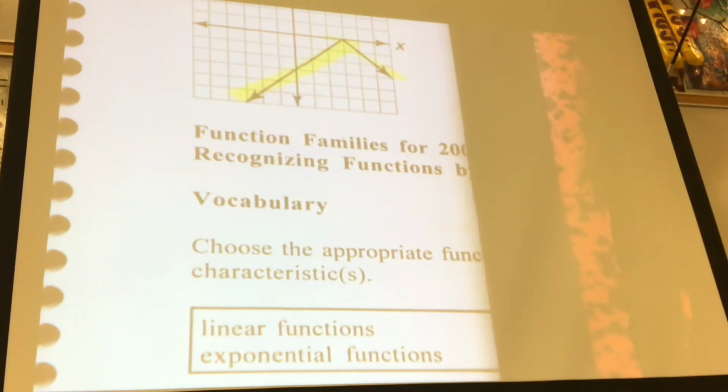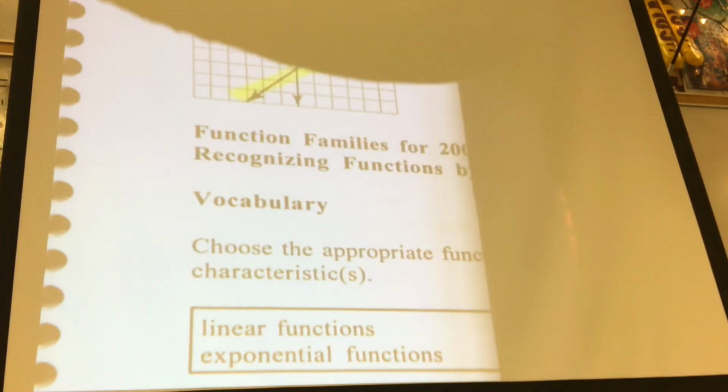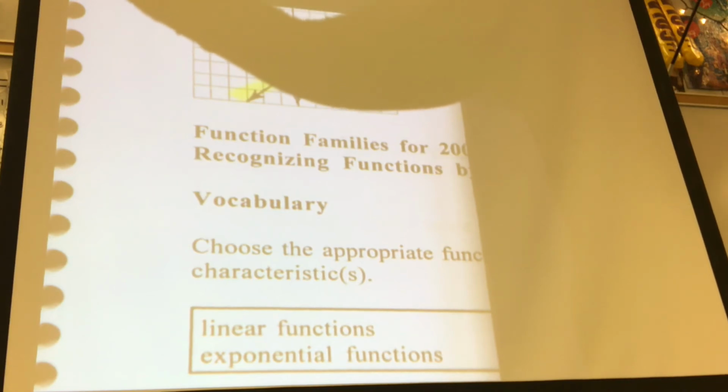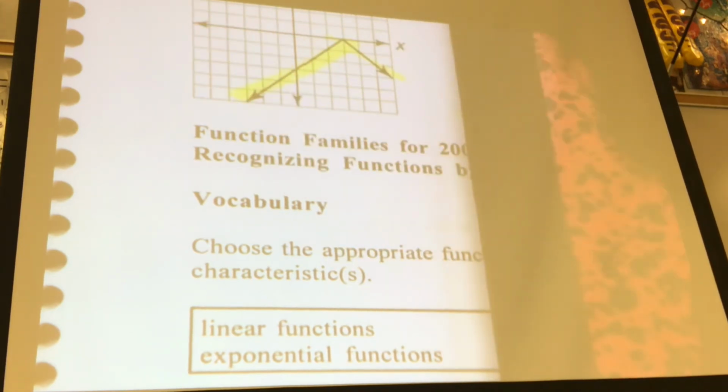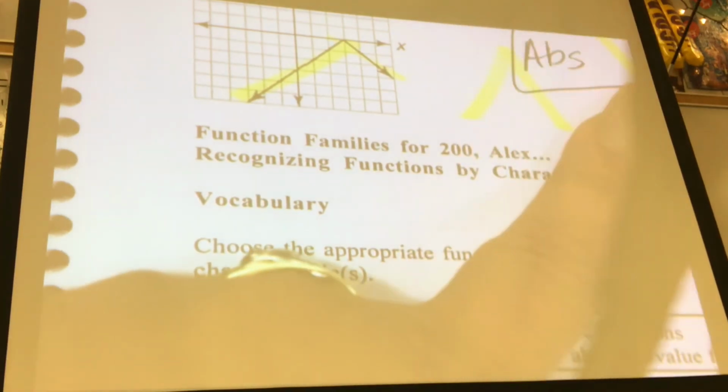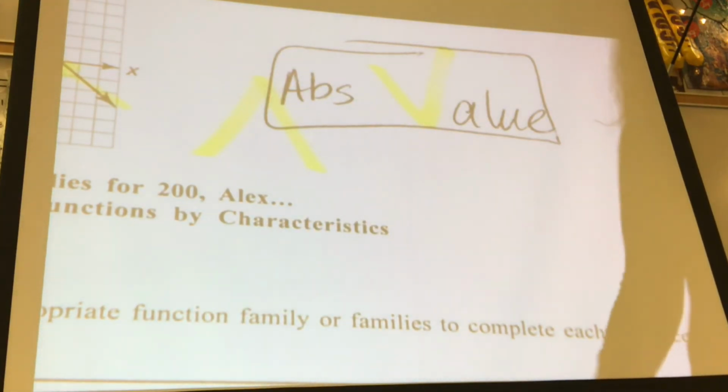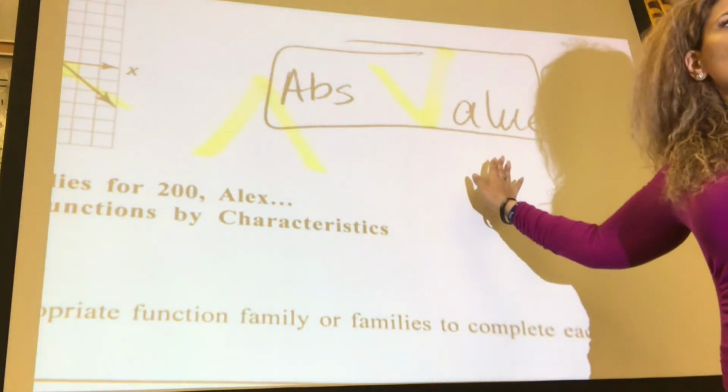It is a V. Oh, I know, but there's arrows. There's arrows, right? Don't ignore the arrows, okay? They're there, all right? The easiest way to remember, whenever you have a V as a graph, redraw the V, and it's called absolute value. V. Absolute value. Okay?